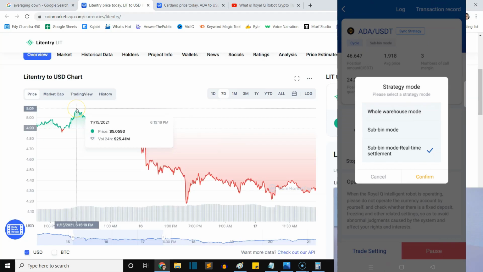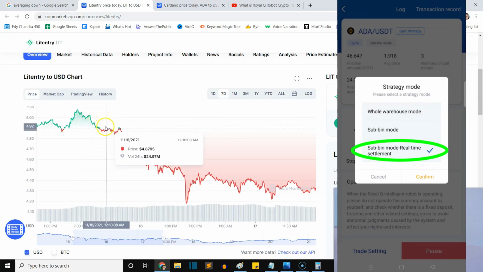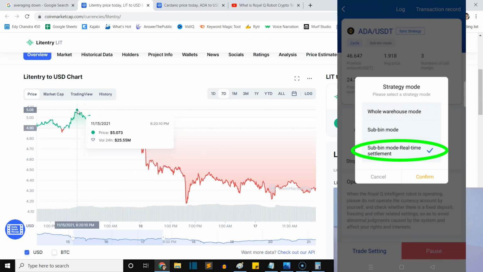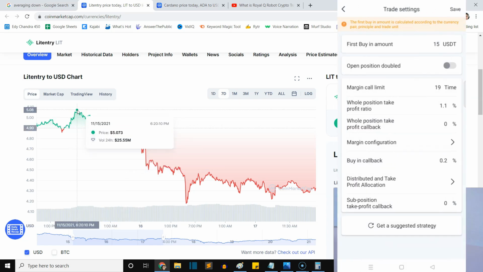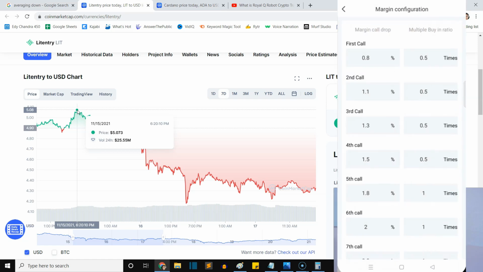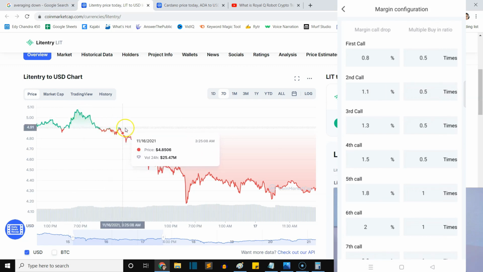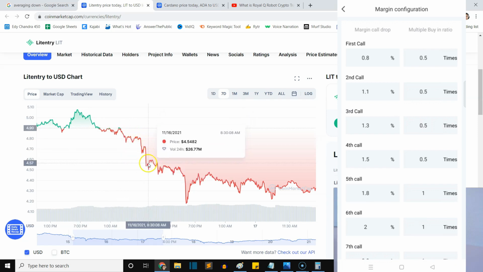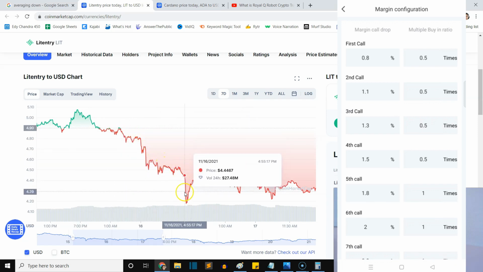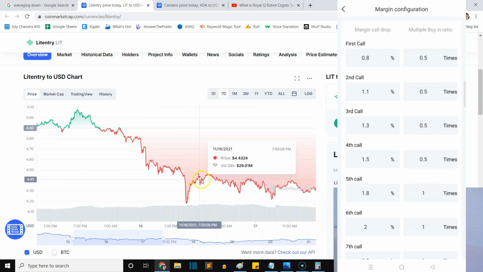Now the one that I'm using is sub-bin mode real time, where, let me show you, just now I showed you here, you can see on my phone, margin configuration, the first call until the 4th call, they will combine it, guys. They will take the average, but more than that, they will actually buy low, sell high, buy low, sell high. That's why even though the market is going down, we still make profit down here.